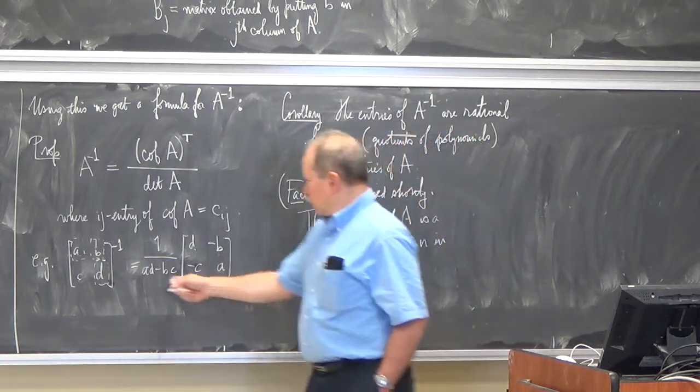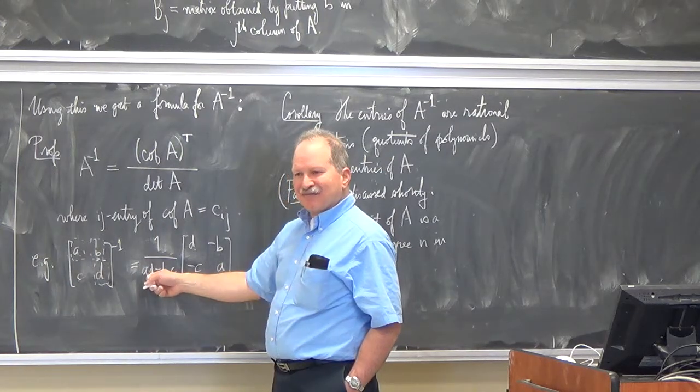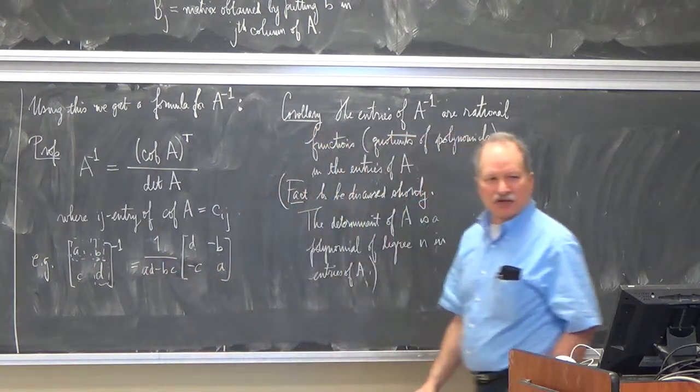So for example, for a 2 by 2, you get a polynomial of degree 2 built out of the entries of the matrix, and that works in general.